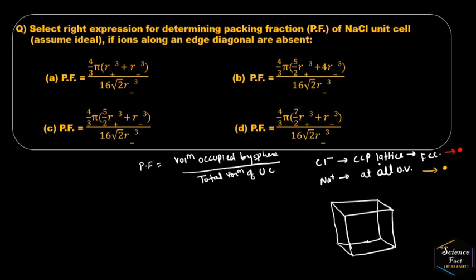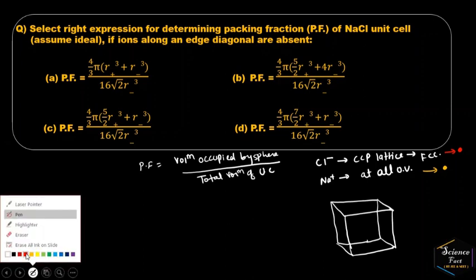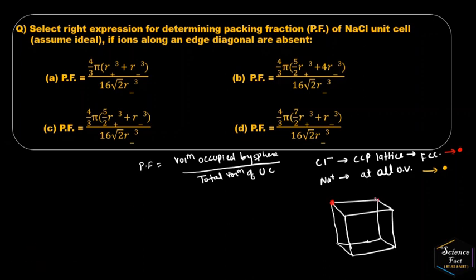Cl- is present at the CCP lattice and is represented by red spheres, so these are chloride ions, at all corners and at all face centers. Na+ ions are present at all octahedral voids. The octahedral voids are located at all edge centers and at the body center, or center of the cube.